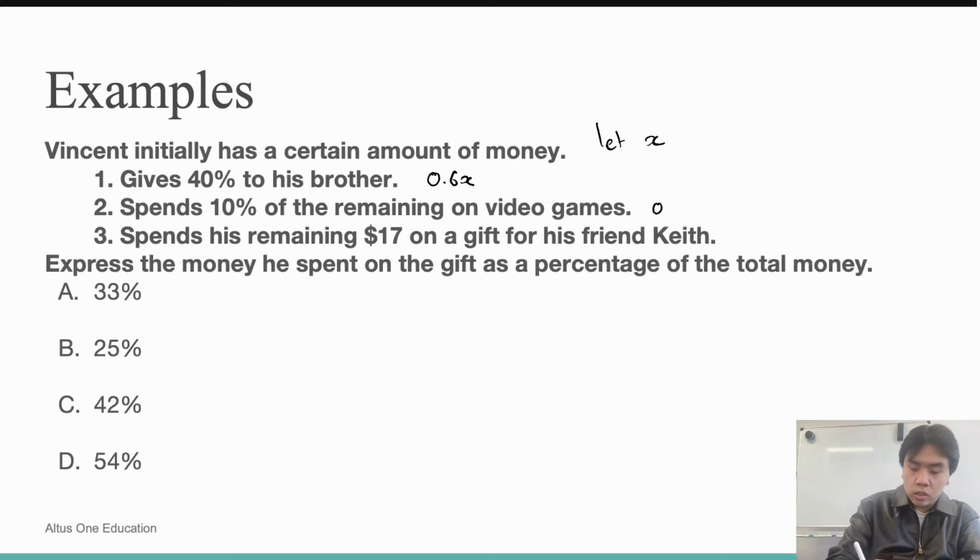So I'm going to do 0.6x times 0.9 for the 90% he retains after he spends 10%, which is 0.45x. So at this point, he's held on to 54% of his original amount. If he spends the remaining $17 on a gift for his friend Keith and he has retained 54% so far, that $17 is 54% of his total money.